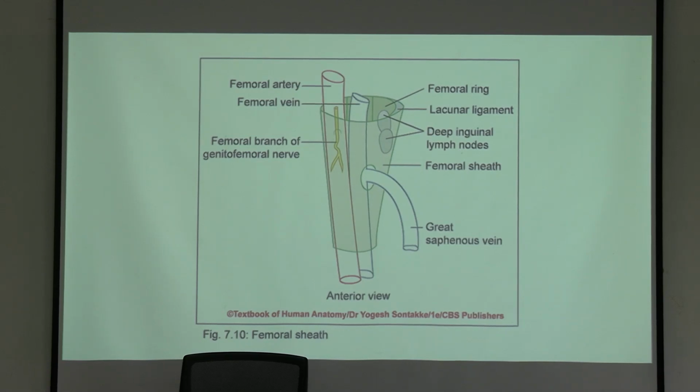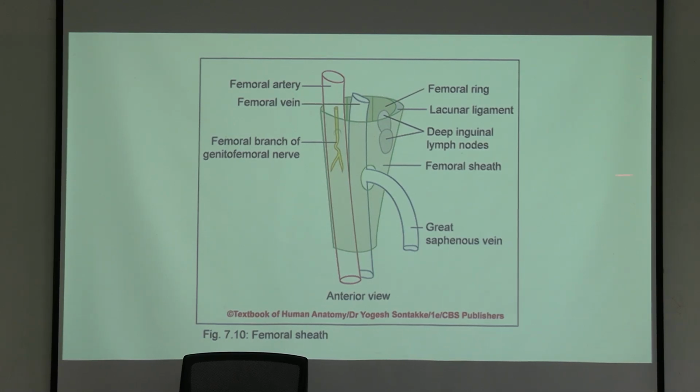And here you can see another ligament, okay, sickle shaped ligament. You can see this is the base and this is the apex. See, this ligament is also derived from the external oblique aponeurosis, and this ligament is called the lacunar ligament.